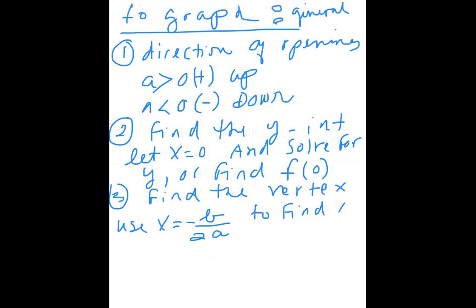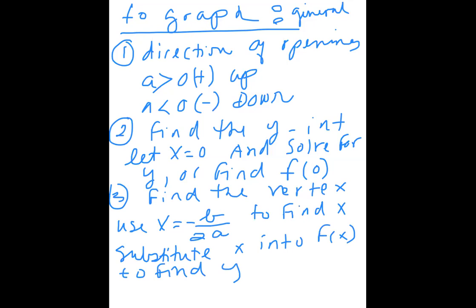And then once you find x, you're going to substitute x into f of x to find y. So what is the value of the function at this x value?